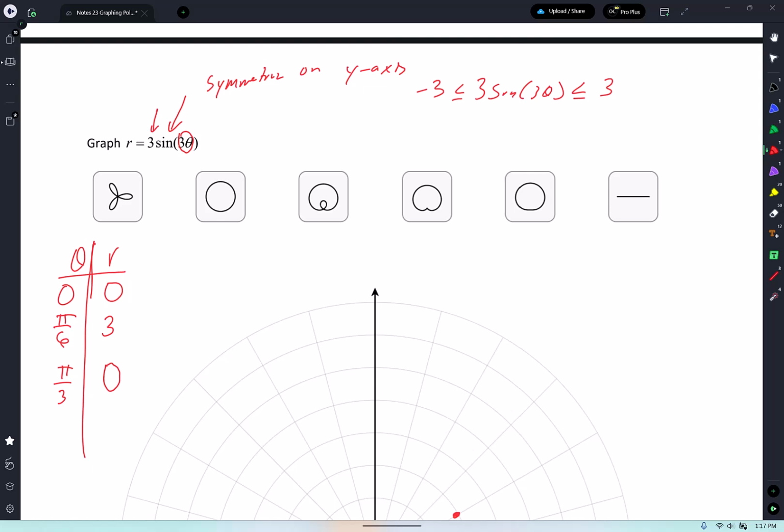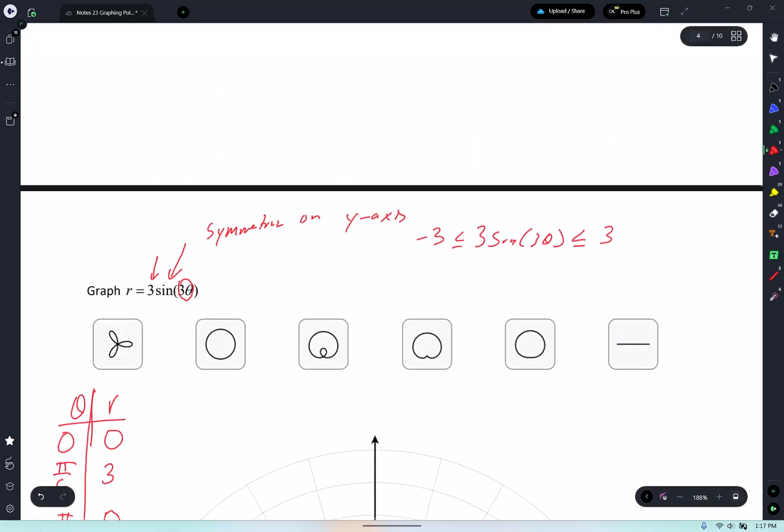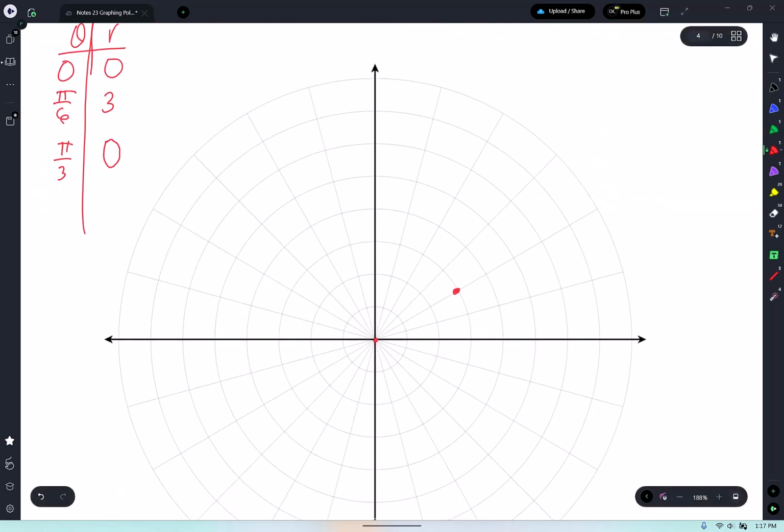Okay, so look, think about it. I need your A game, guys. Between 0 and pi over 6, r is getting larger and larger and larger. This is the largest it'll ever be in this interval. So between 0 and pi over 6, imagine you're doing a sweep. This is probably going to look something like, and then a peak right there.